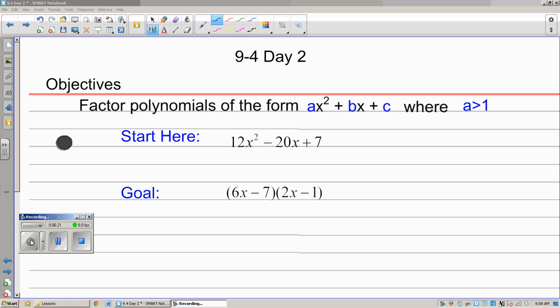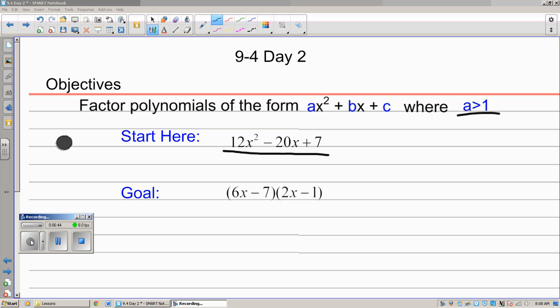So today, day 2, we're going to keep on practicing. We're going from a trinomial into the factored form of that trinomial. We start in the form of ax squared plus bx plus c, where a is greater than 1. When we do this, we learn to split the middle term.